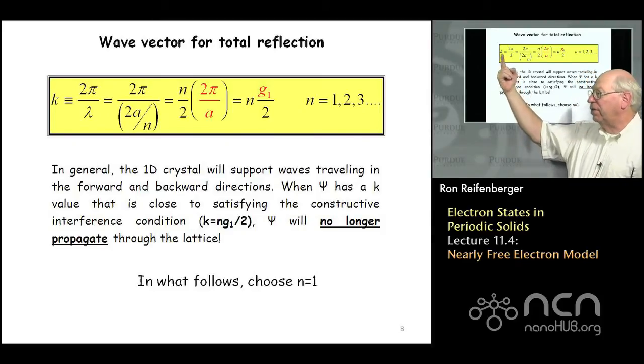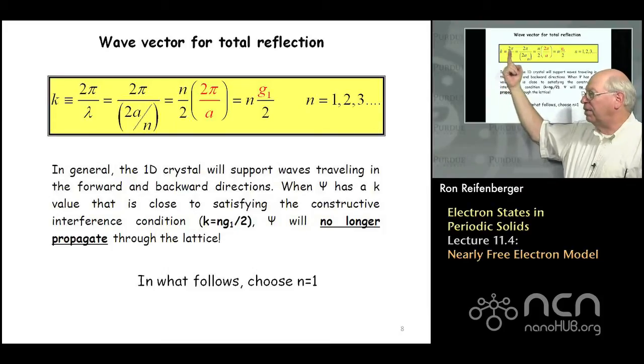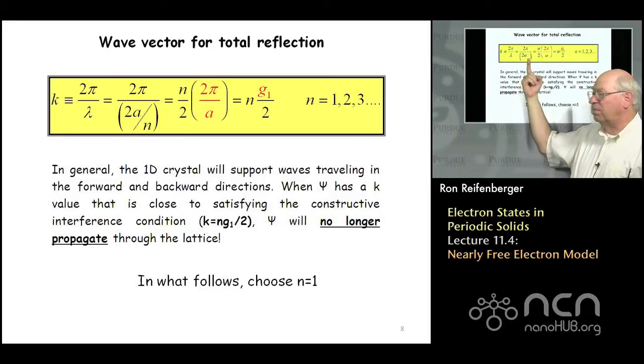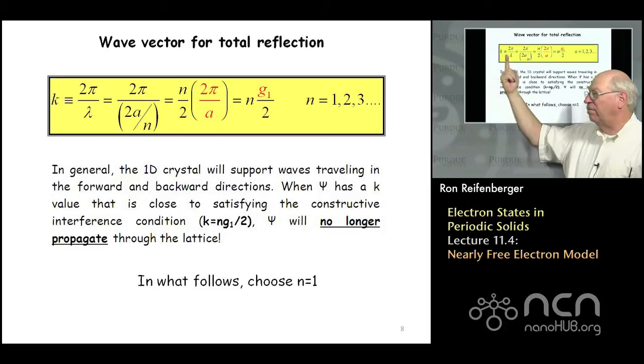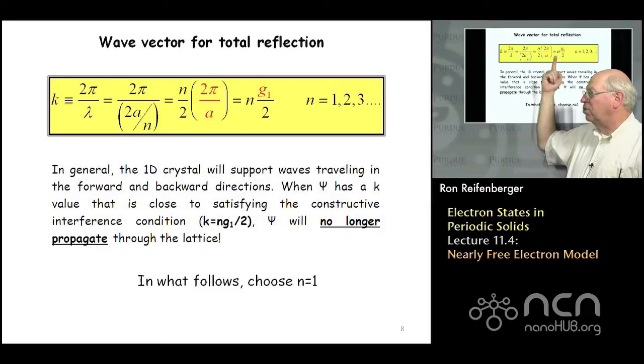And the k vector for that particular electron state would just be 2 pi over that magic value for lambda. Here we substitute in the expression for lambda that we wrote down on the previous slide. And what we find is that if this fully developed wave is possible, it's going to happen at a k vector which is given by an integer n times the reciprocal lattice vector g1 divided by 2.